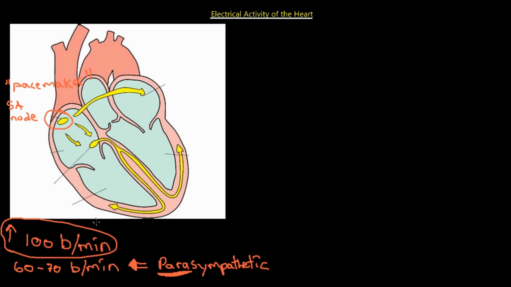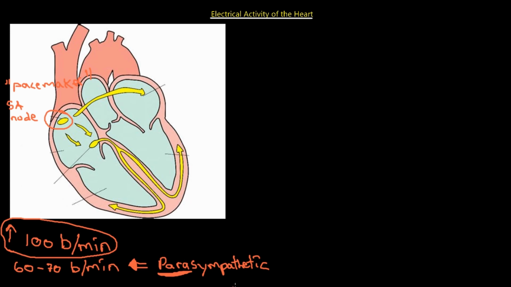So if you were to remove a living healthy heart from a living body, it's going to start beating faster because the SA node provides 100 beats per minute on average. So therefore our bodies have to regulate it. Now, if we are in a fight or flight response, so under stress, or you're doing any strenuous physical exercise, the heart rate is going to increase above this 100.